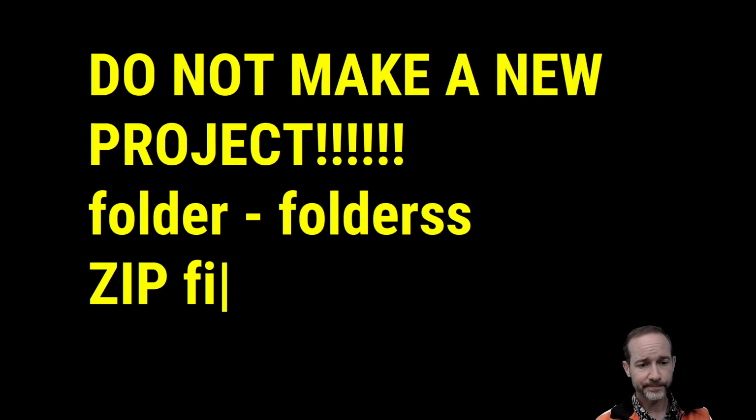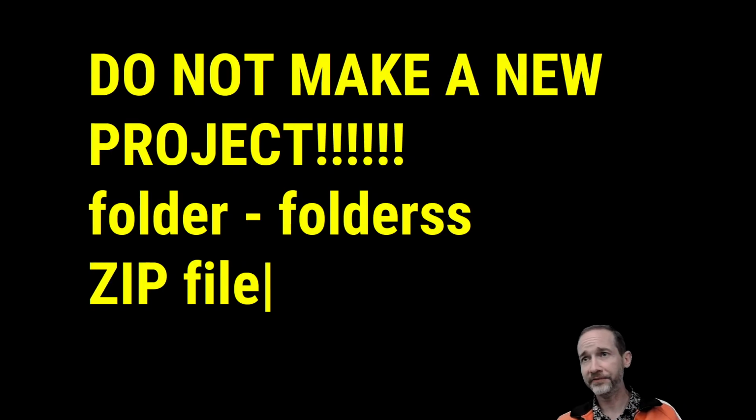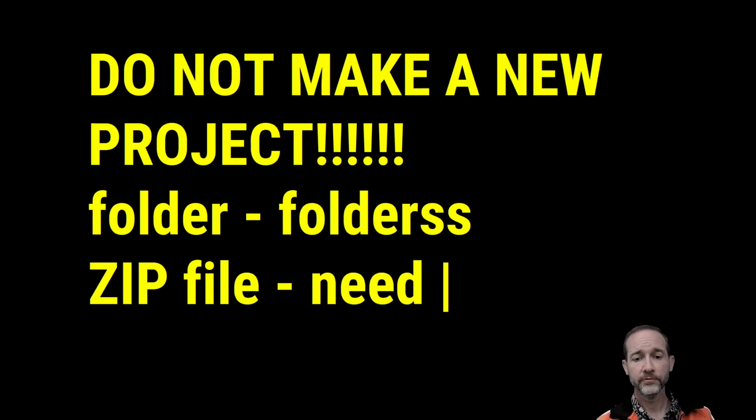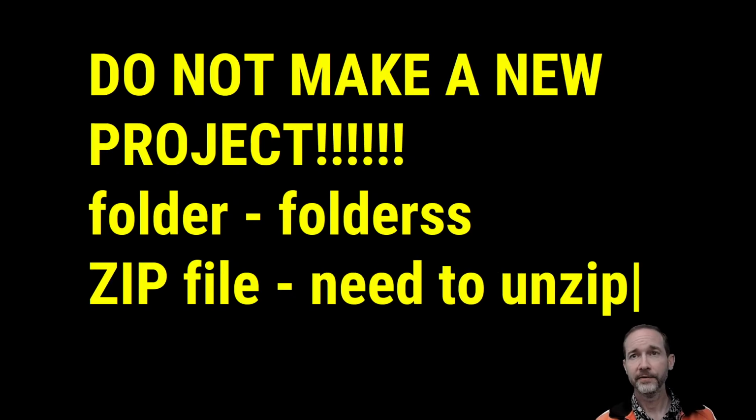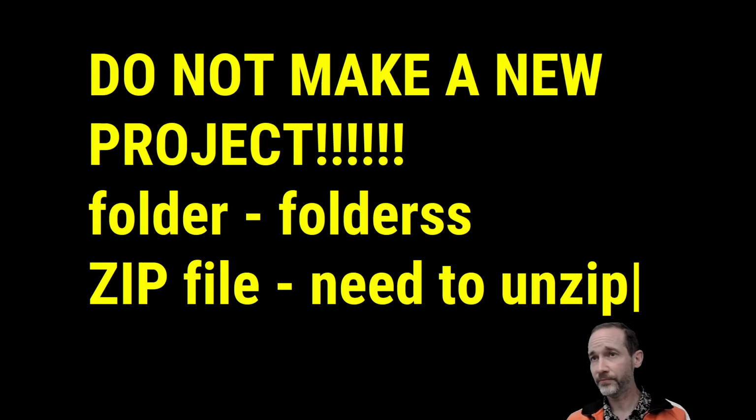Okay, so with that in mind, how do I give you a project? As a zip file. So I will have taken an entire project and zipped it up into a single zip file. You'll download that zip file, unzip it, and then tell Unity to open said project, okay? So you need to unzip. For those of you maybe not as familiar with this idea, this is where people run into problems sometimes, is that they try to have Unity open the zip file.